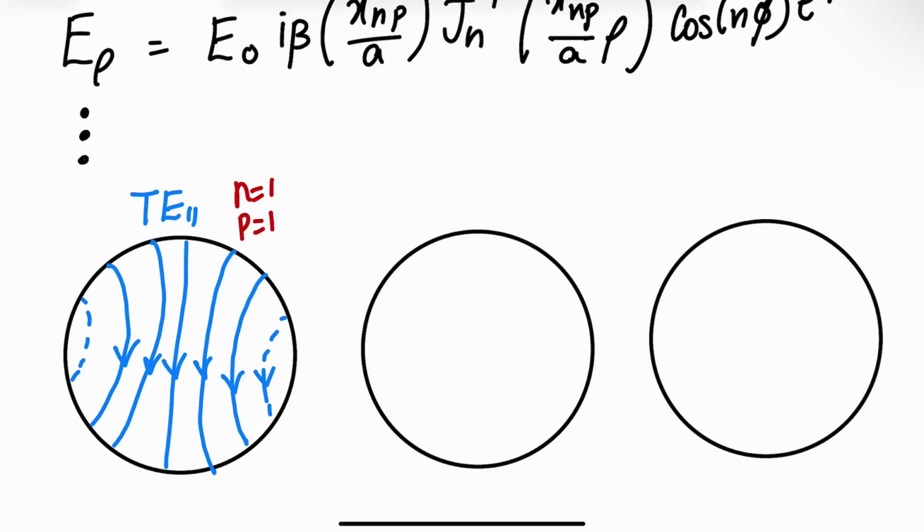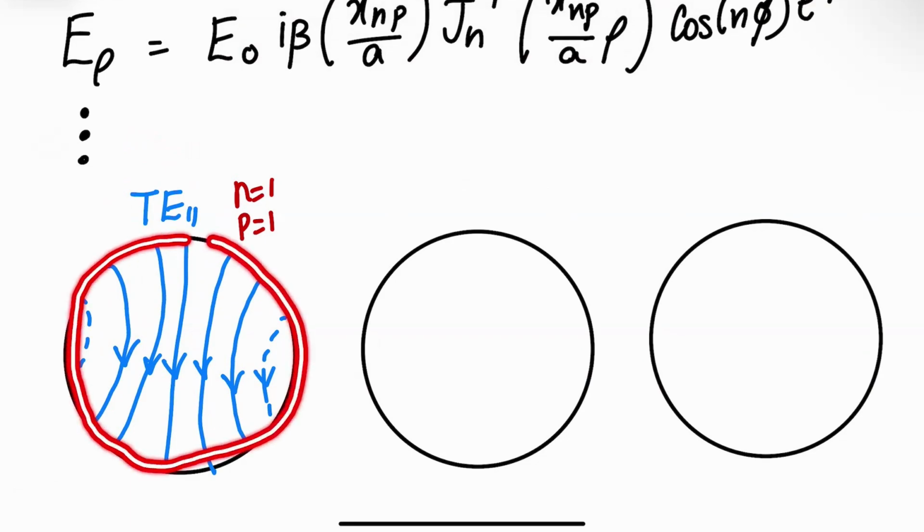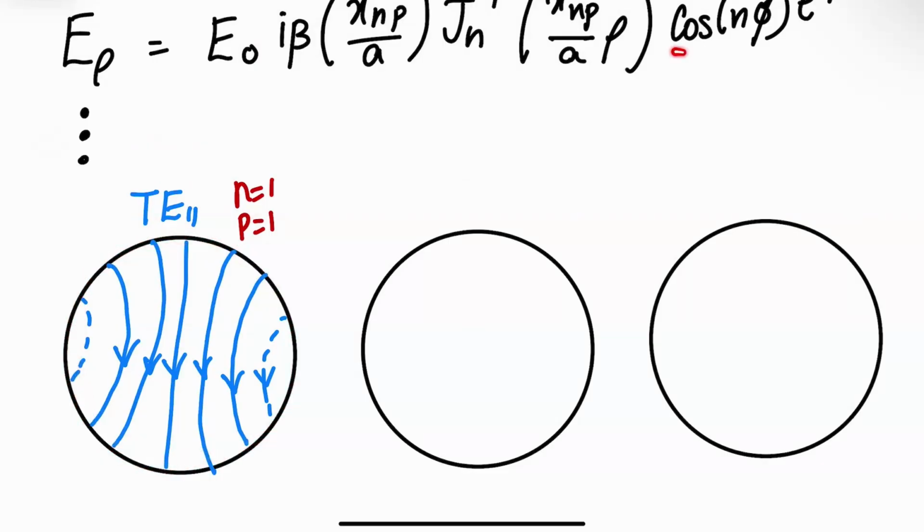When the n index is equal to 1, you have a cosine distribution: you have a maximum, goes to 0, goes back to maximum, and then goes back to 0 and back to maximum. That's what cosine phi is. Now, when the p index is equal to 1, you have the derivative of the Bessel function.